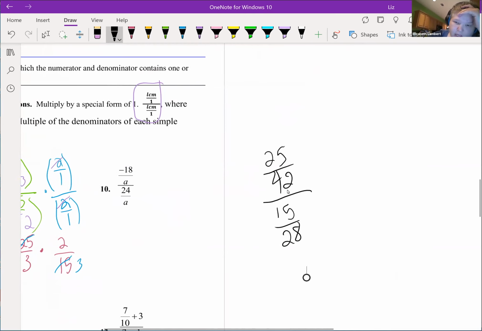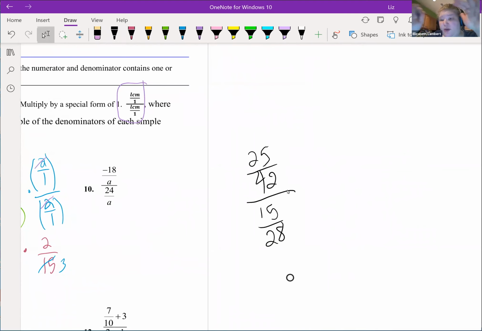Okay, so I was multiplying by the greatest common factors, which does work, but if you can figure out the least common multiple, then the little fractions are all going to disappear.